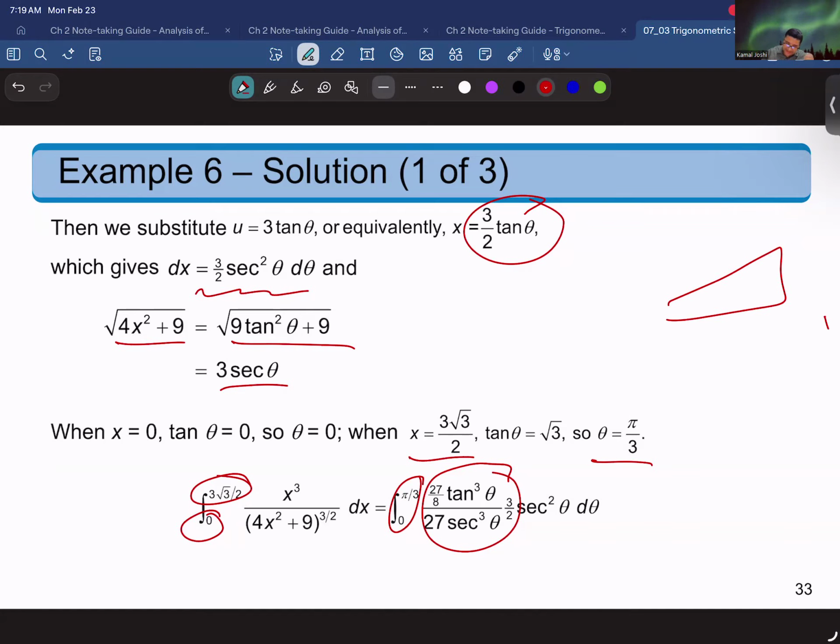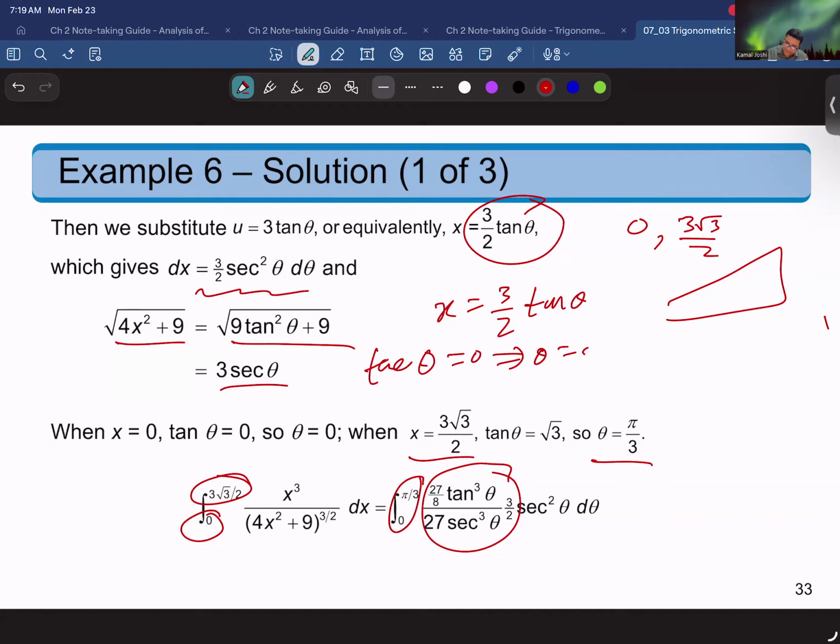And that's generally easy because of the kind of substitutions we do. x is 3 over 2 tan theta, and the limits of x are 0 and 3 root 3 over 2. So you are going to replace that. If you plug in x equal to 0, you get tan theta equal to 0, and then theta equal to 0.